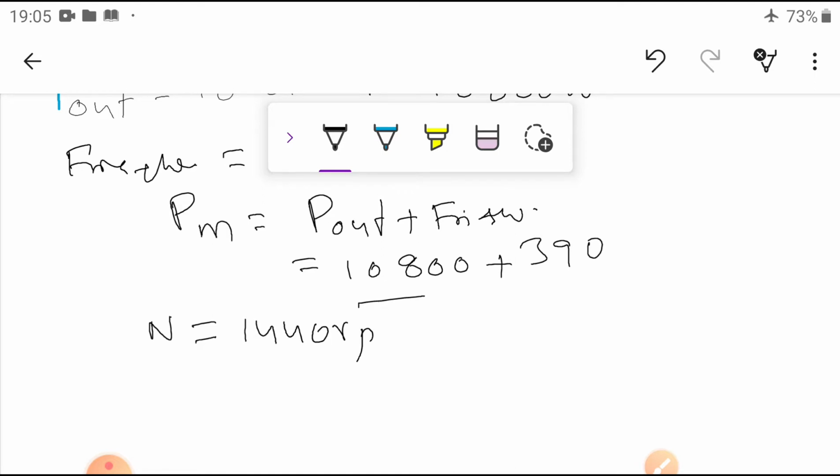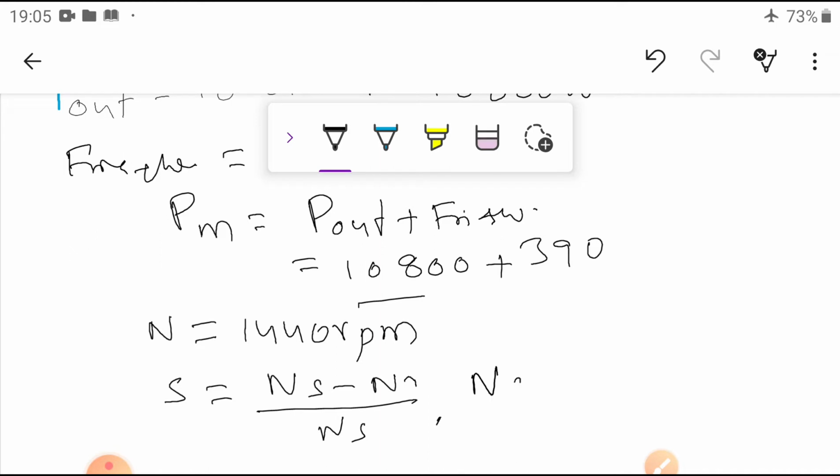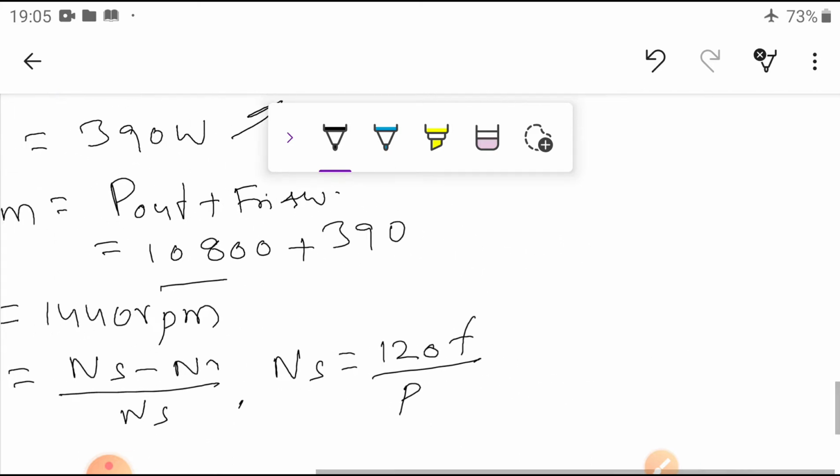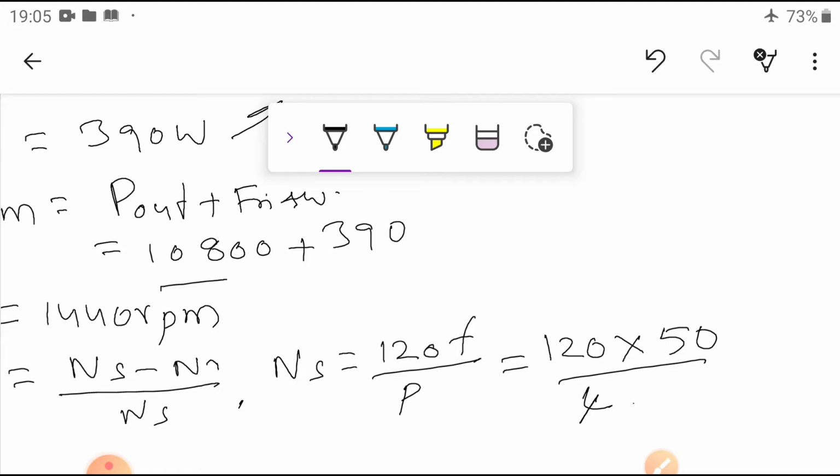Slip is equal to ns minus n, divided by ns, so I need ns. ns is equal to 120 f by P. Here 120 is a constant, frequency is 50 hertz, and P is the number of poles, which is 4 poles. So that is equal to 1500 RPM.